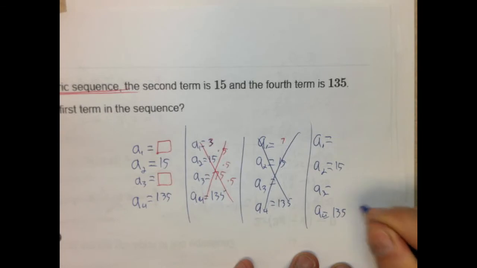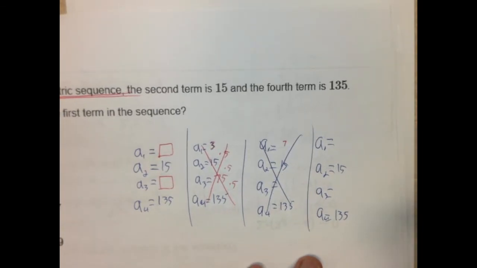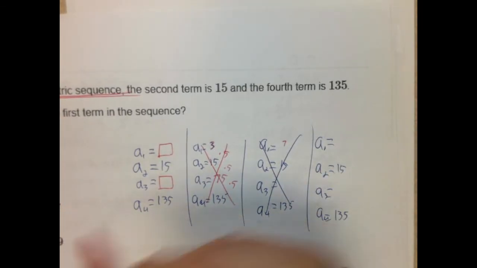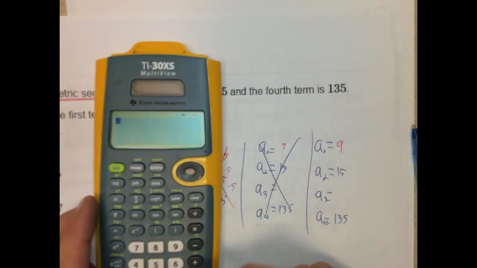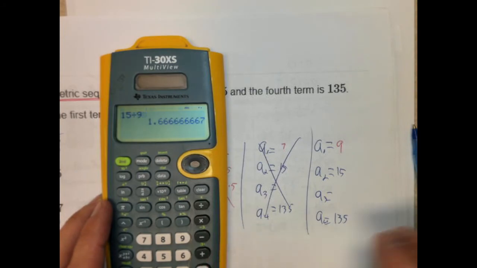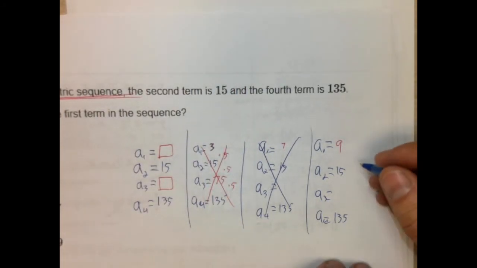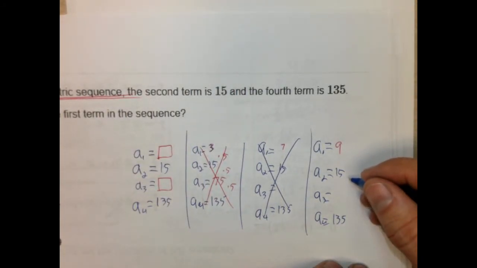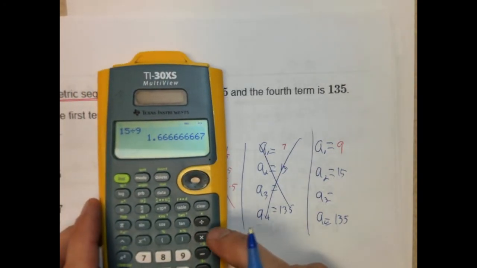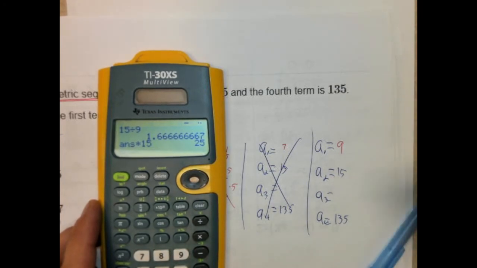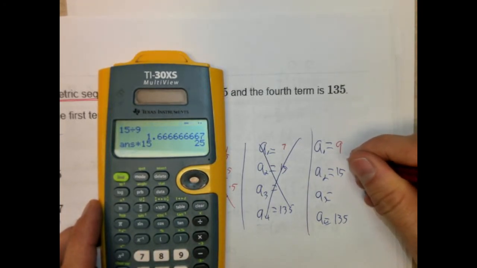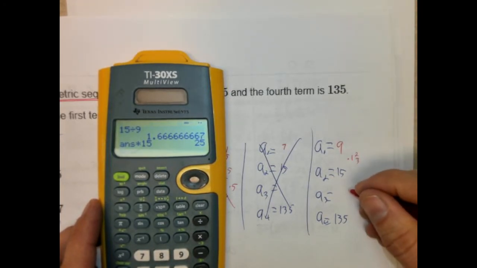And you can see the value of scrap paper, guys, just by this problem alone. All right, so let's say it's 9. In order to go from 9 to 15, 15 divided by 9 is going to be 1 2/3, or 1.6 repeating. So multiply 15 times 1 2/3.